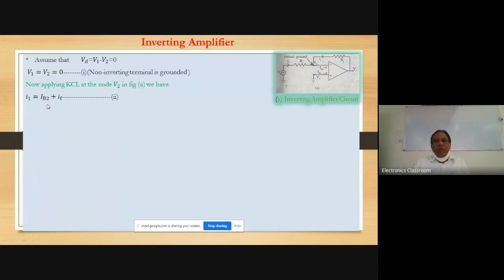IB2 is a current flowing into the op-amp of the inverting amplifier, and IF is called the feedback current flowing through the feedback resistance RF. These are two outgoing currents, and this is the incoming current, and KCL states that incoming current is equal to outgoing current, or the algebraic sum of net current at the junction is 0. These are the two ways to state it.